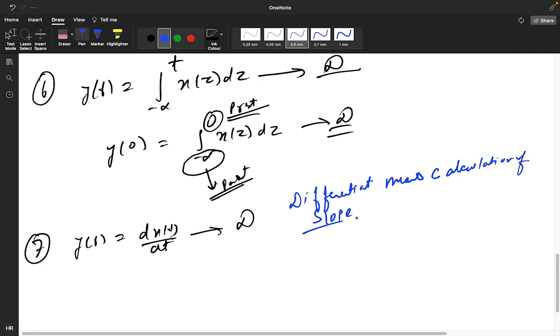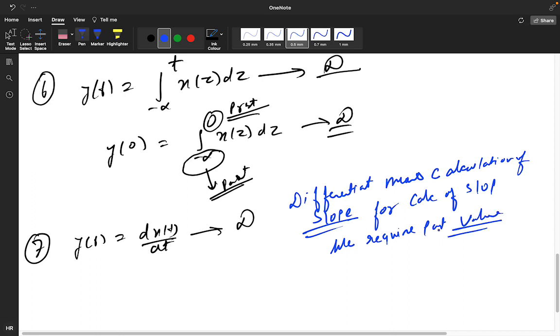And for the calculation of slope, we require the past value. So it is dynamic. I guess you remember, if this is your slope, this is 0, it's moving like this, this is 2, this is 4, so we are requiring the past value. Okay, so this is dynamic.